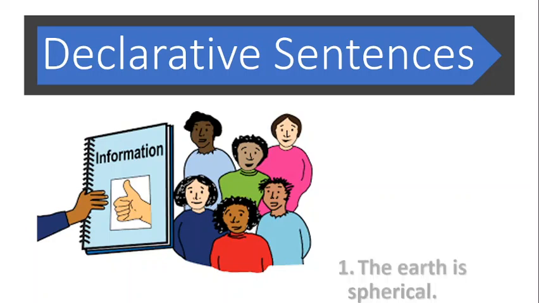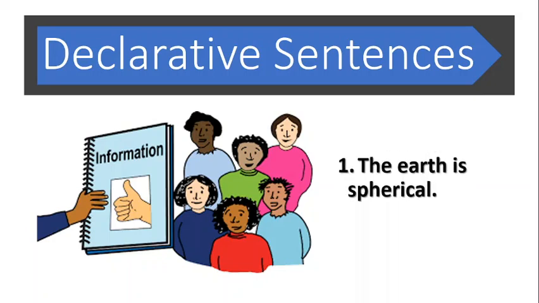Look at this example. We have that the Earth is spherical. It is universally accepted by all involved in the information flow. We have another example. The sky is blue. So all these are examples of declarative sentences.